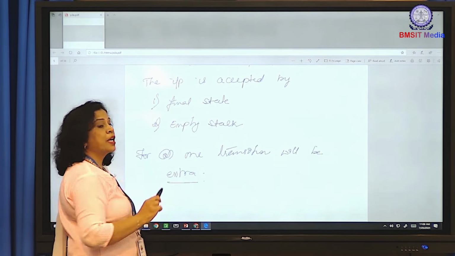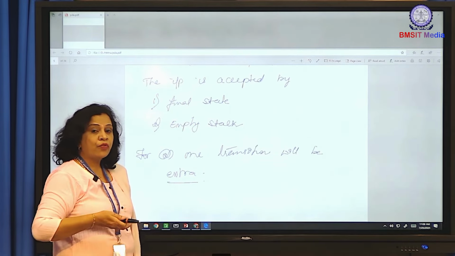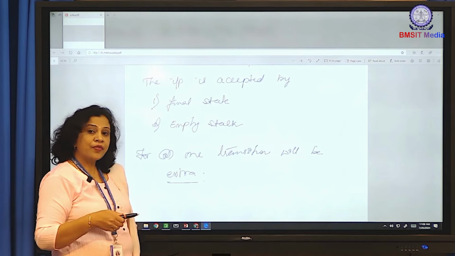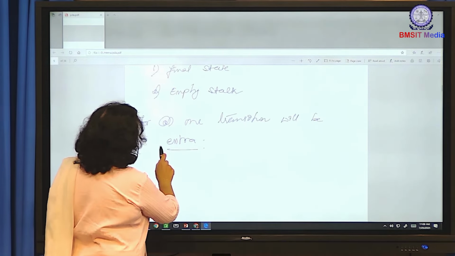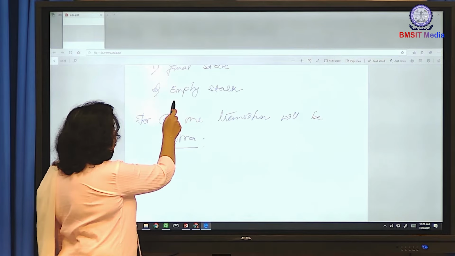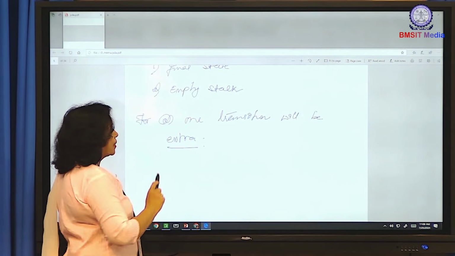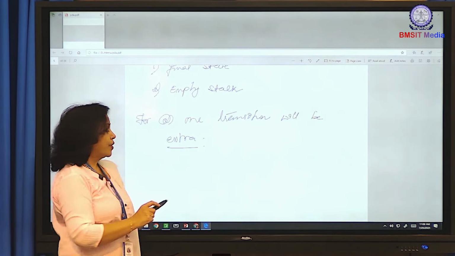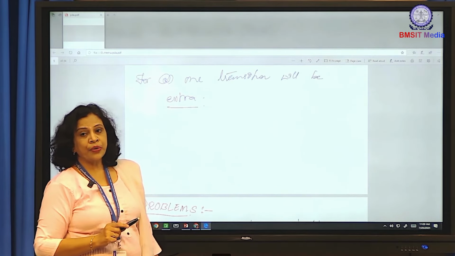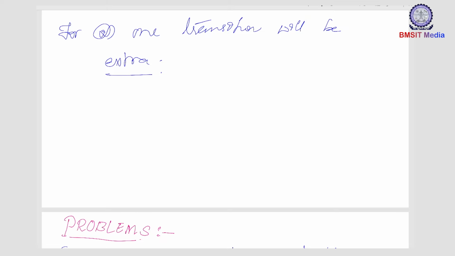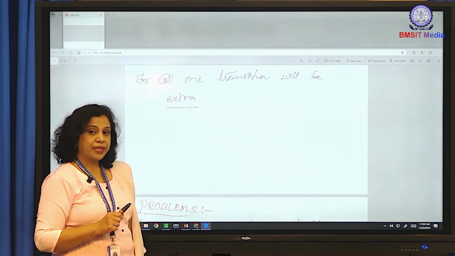If it is accepted by empty stack, then whatever Z0 is there, we will pop it off from the stack. So for empty stack, one transition will be extra; there is no change with the other transitions. We need to have one extra transition if the language has to be accepted by the empty stack.